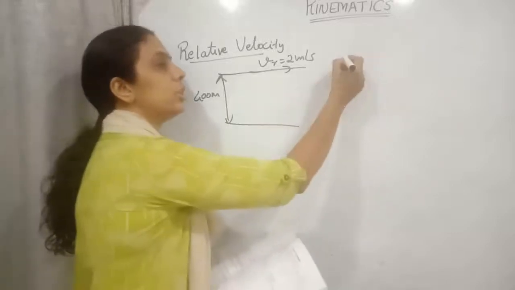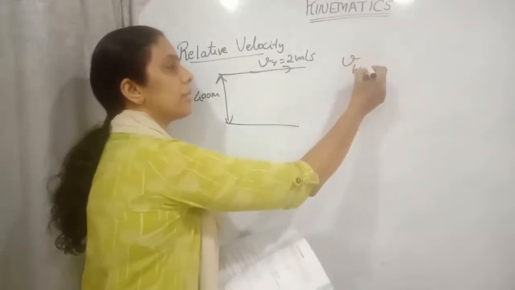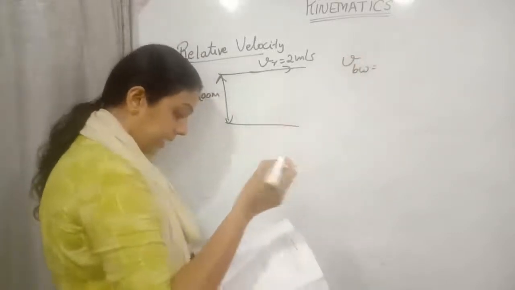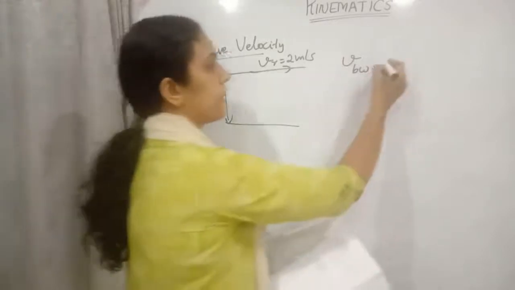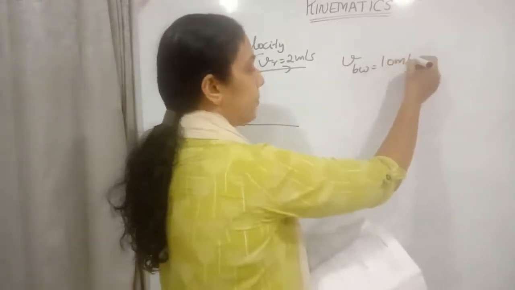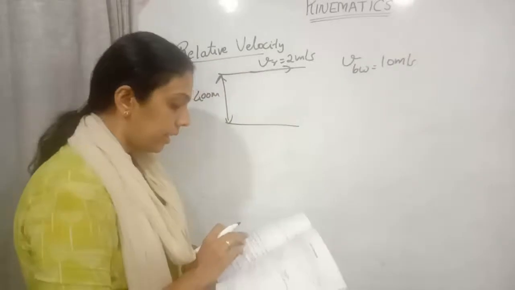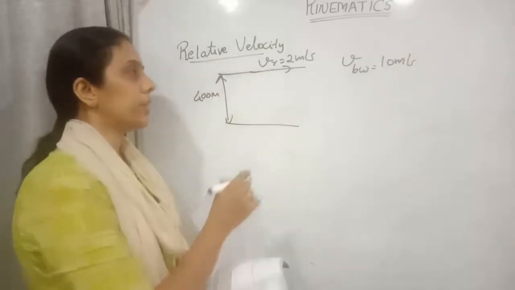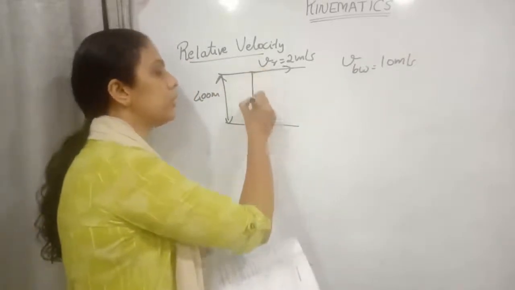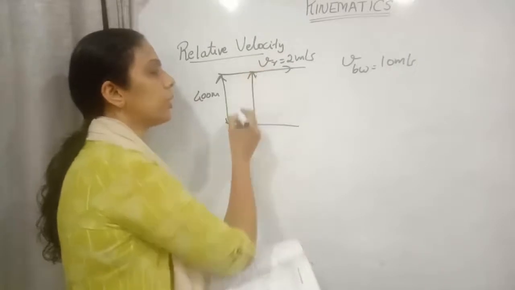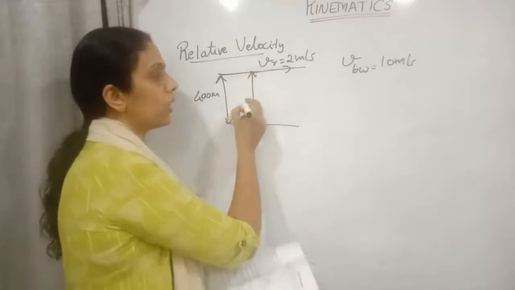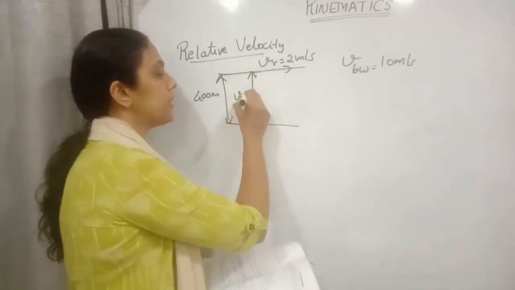So the relative velocity of the boat with respect to water is 10 meter per second, in a direction perpendicular to the river. So this relative velocity of the boat with respect to water is 10 meter per second.